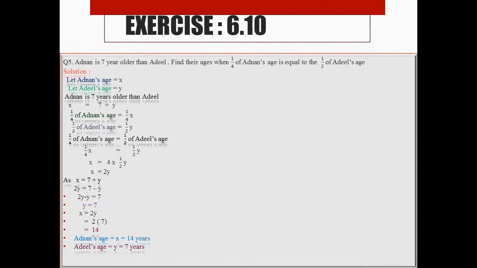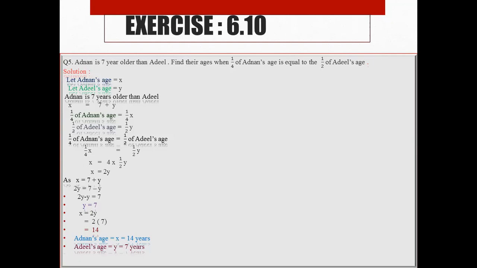Now we concentrate on the conditions which are given to us in the question. Two conditions are given. The first is Adnan is 7 years older than Adil. Older than Adil means Adnan is elder, and the age of Adnan will be greater than Adil's.